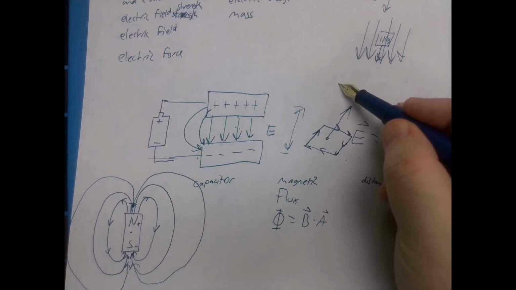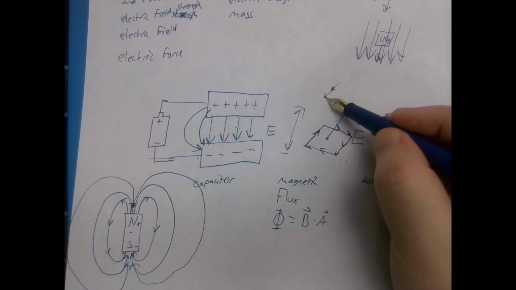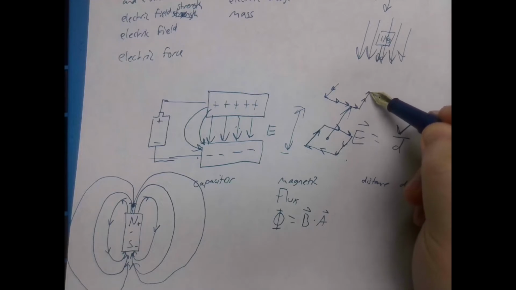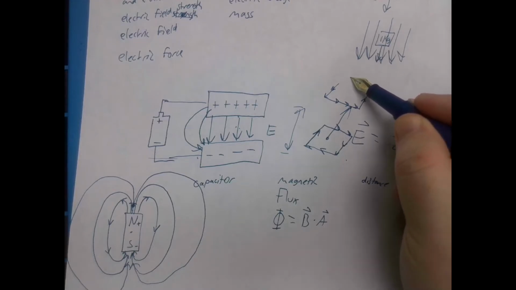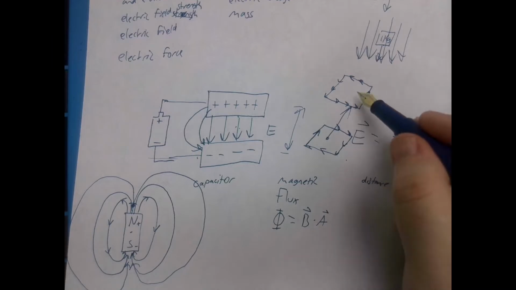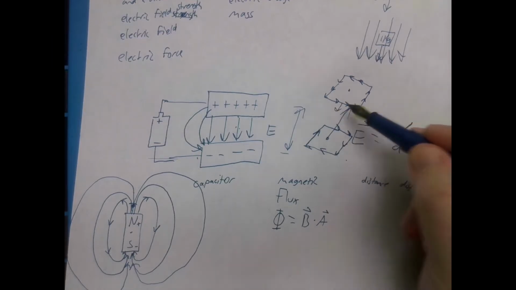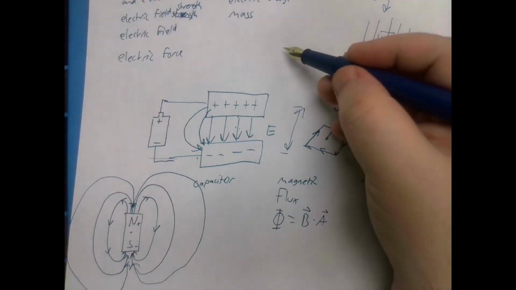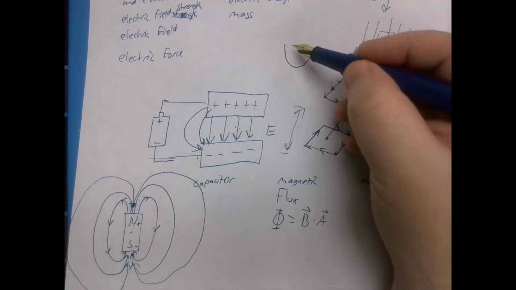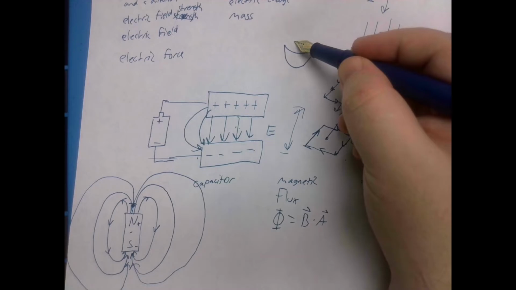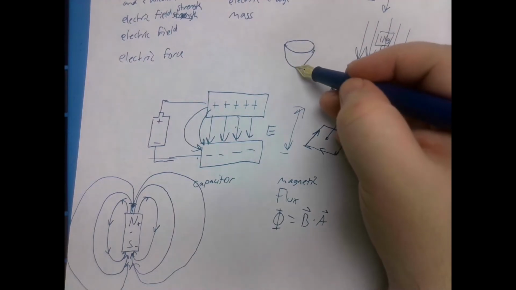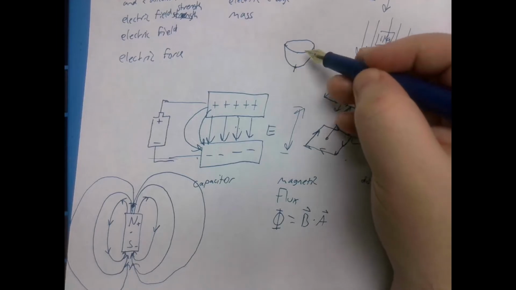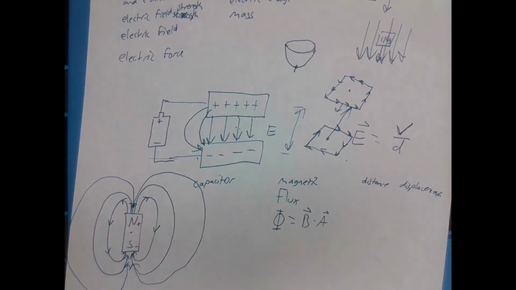Whereas if you do the exact same area in the exact same spot but go in the other direction, then it has a different direction. And the direction is always perpendicular to the surface. Even if you had a three-dimensional parabola, this would have a direction too, depending on how you drew it.